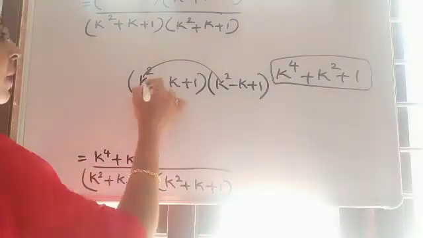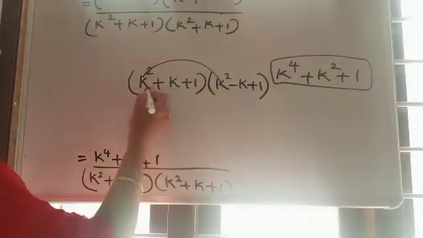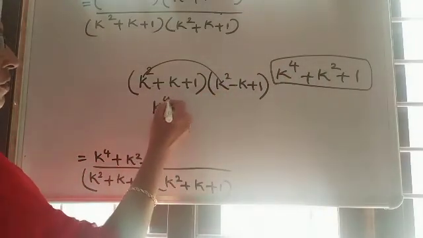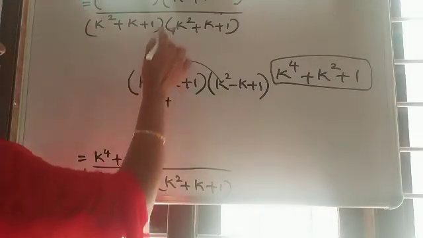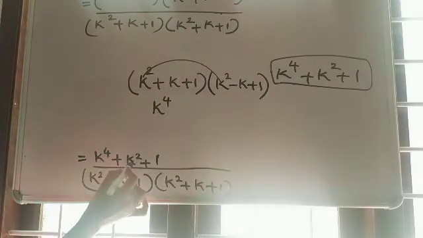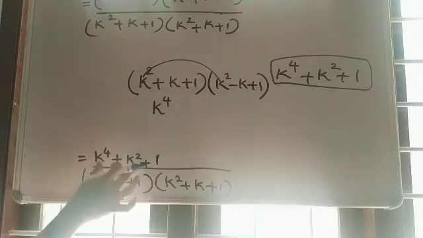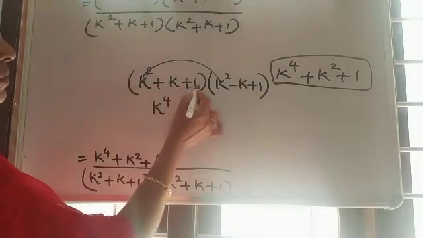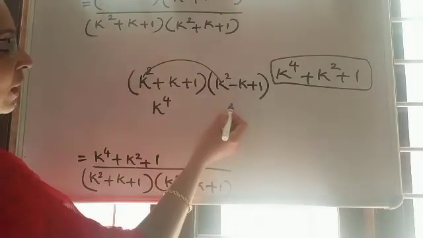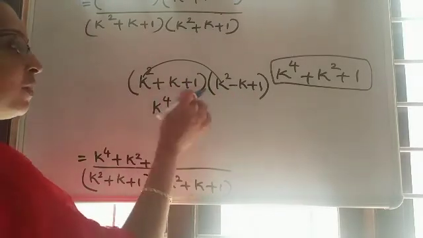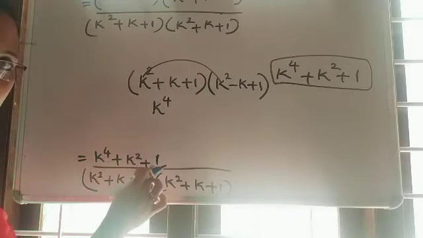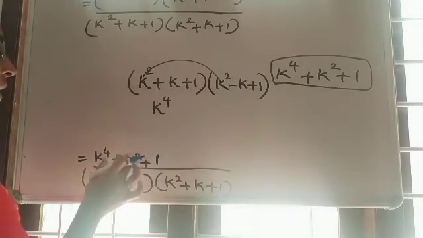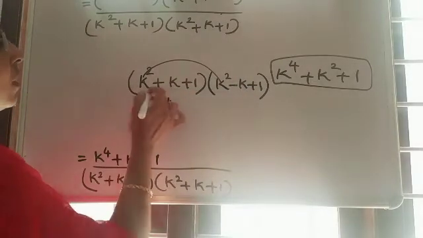Do it in the working column. K raised to 2 into K raised to 2 means K raised to 4. Then we want to get K raised to 4 plus K square plus 1. So this we are changing in terms of K square plus K plus 1 and K square minus K plus 1. So check, if we are multiplying this, you will get the answer as K raised to 4 plus K square plus 1. Then instead of this we can write these two. Okay. So just check it.